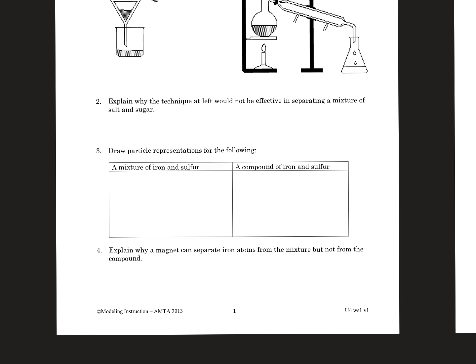Now I'm looking at this and I'm thinking, well, maybe what they meant in this question was, if you were to dissolve salt and sugar in water, they would both dissolve in water, right? If you were to pass that salt water and sugar water solution through the filter paper, both the salt and the sugar would go right through the filter paper, okay? So that's the answer to that question.